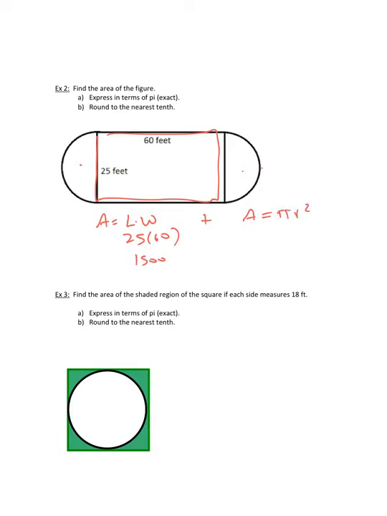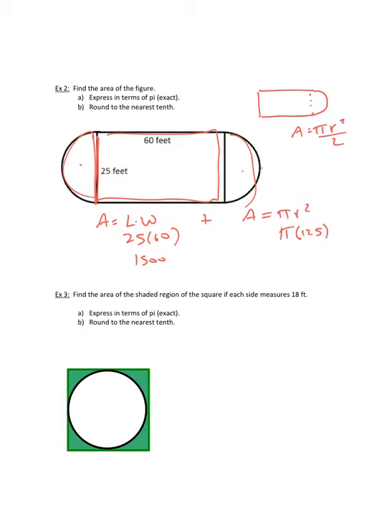Now, in some problems, you might only get one semicircle. So if you're just given one semicircle, like on your homework, you're going to get something that looks like this, then you do pi r squared divided by 2. Okay, in this case, I have two semicircles, so I get one complete circle. So pi times, now if my diameter is 25, then my radius is half of that.